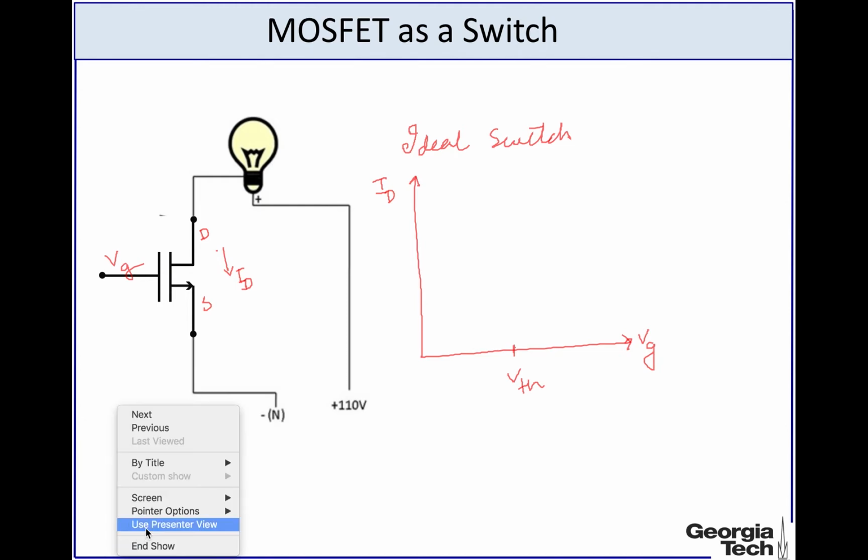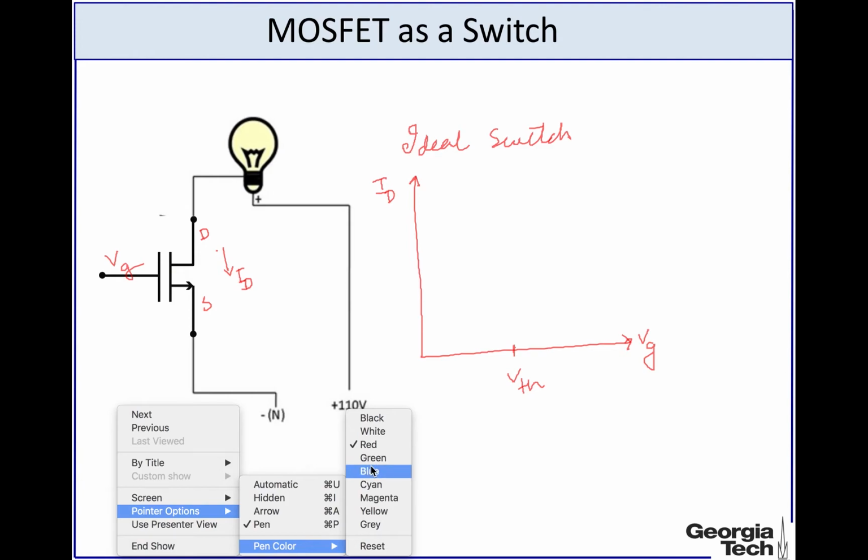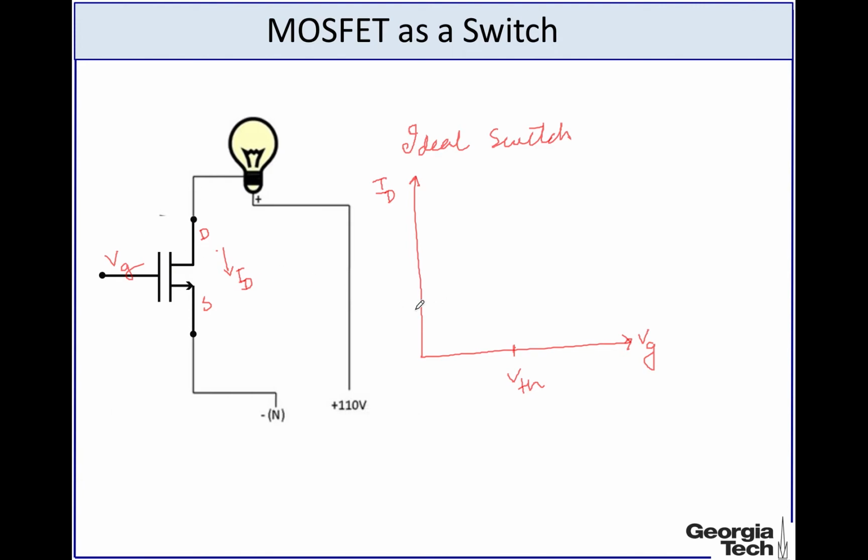And what we say is that the characteristics of the transistor should look like this. When the gate voltage is below threshold voltage, the current should be 0, and above threshold voltage the current should jump to another high value.